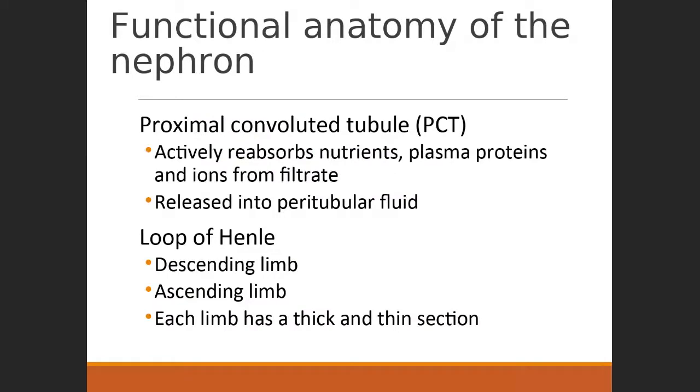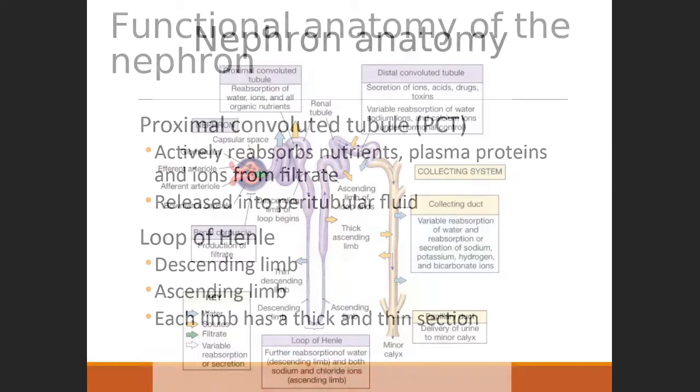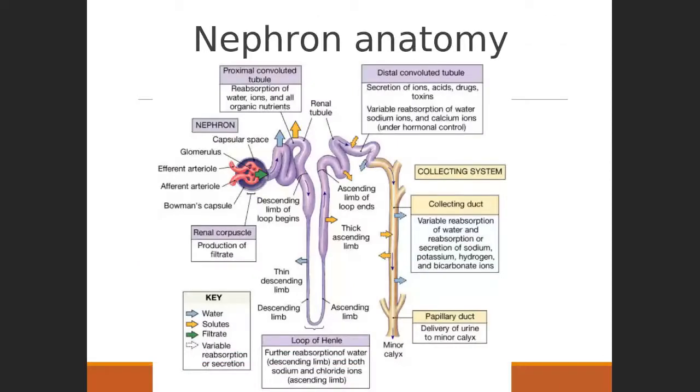The first portion we get to is our proximal convoluted tubule. That's the portion directly after our Bowman's capsule. Proximal, if you remember our anatomical directional terms, means closer to the point of attachment. This implies that it's closer to the Bowman's capsule.